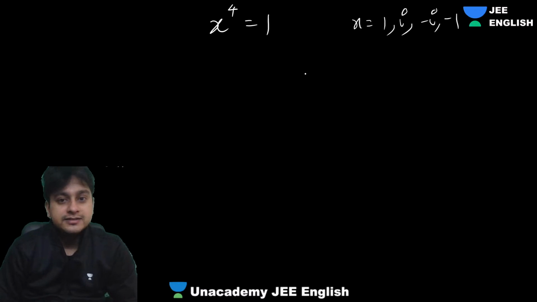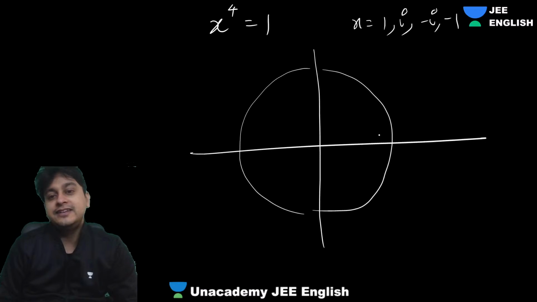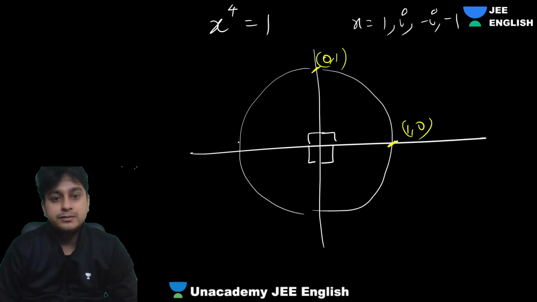How do we get it? See guys, this is a unit circle, right? The unit circle is divided into four parts: 90, 90, 90, 90. That will give you this point, which is 1 comma 0, this is 0 comma 1, this is minus 1 comma 0, and this is 0 comma minus 1.